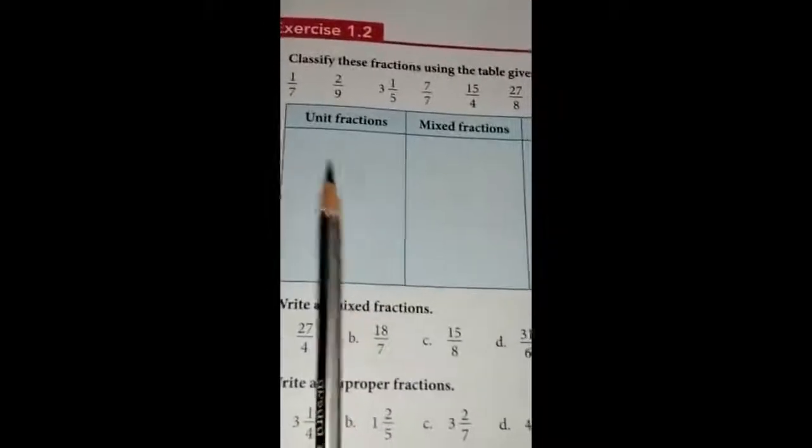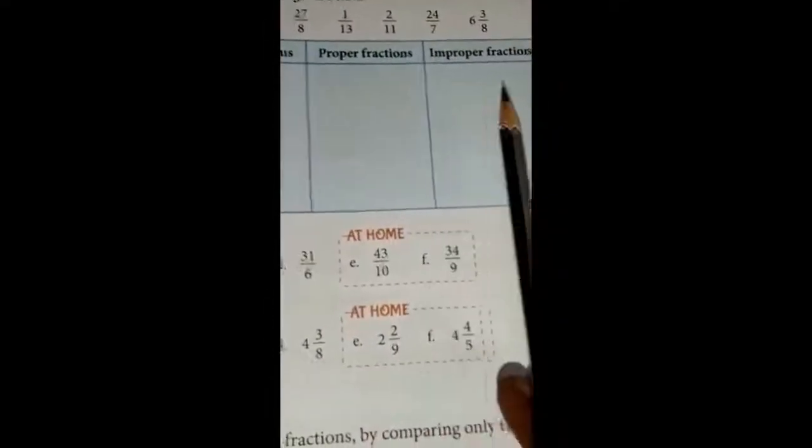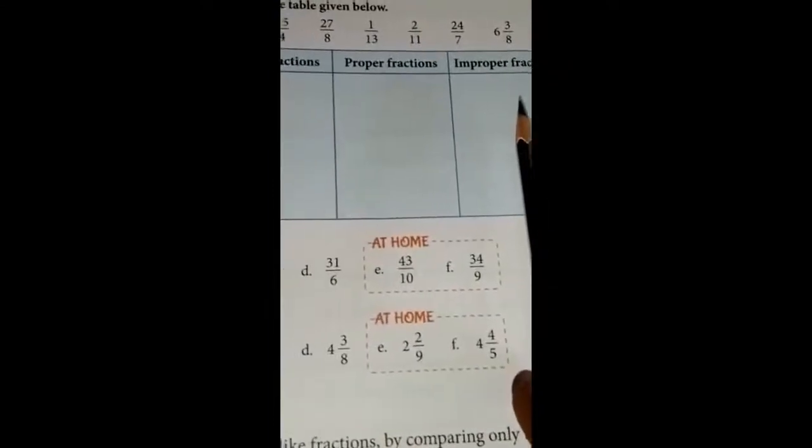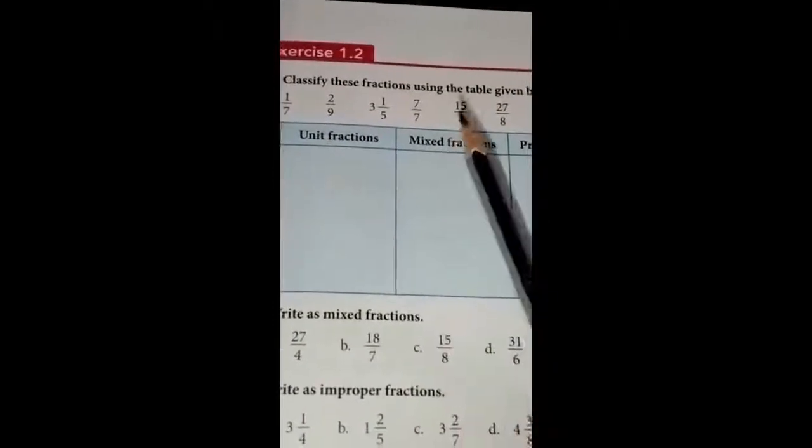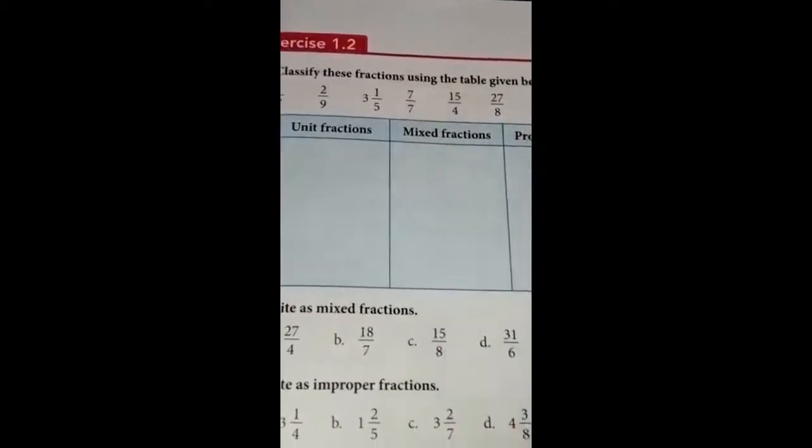In this table there are 4 columns: unit fractions, mixed fractions, proper fractions and improper fractions. We have to write these fractions in the particular column.